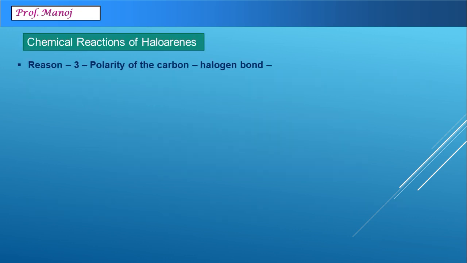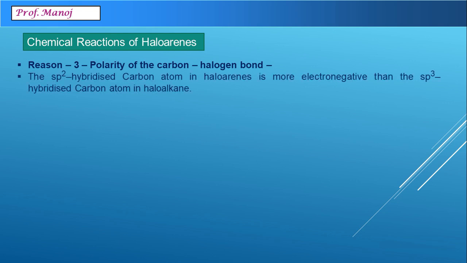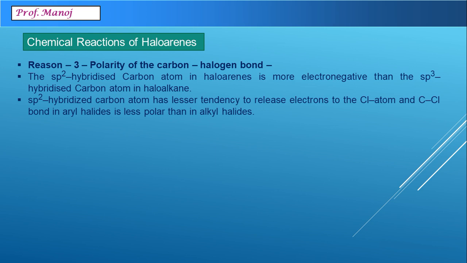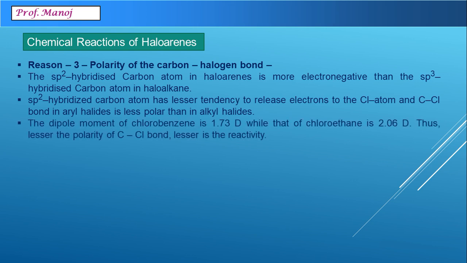Let us come to the third reason. Another reason is found to be the polarity. sp2 hybrid carbon is more electronegative than sp3 hybrid carbon. Since sp2 has lesser tendency to release electrons, the carbon-chlorine bond is rather more polar in alkyl halides.